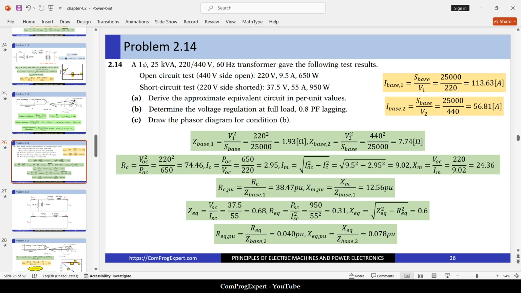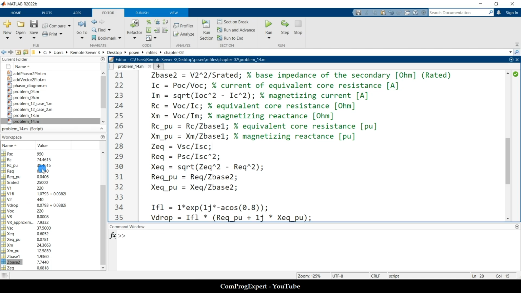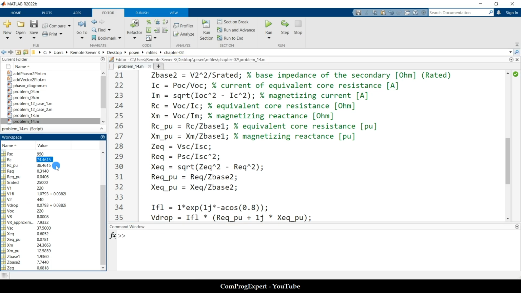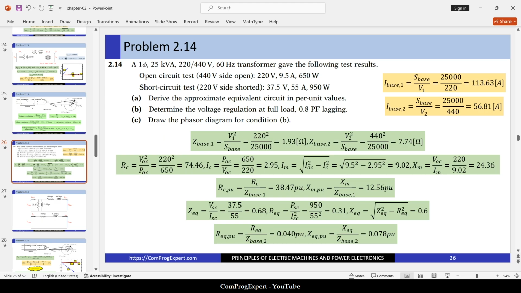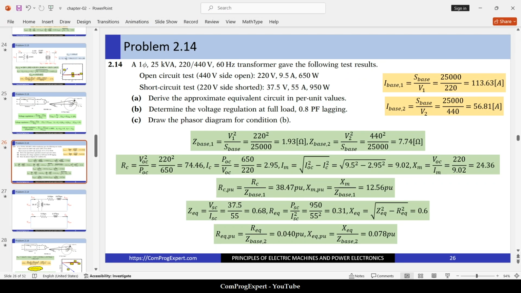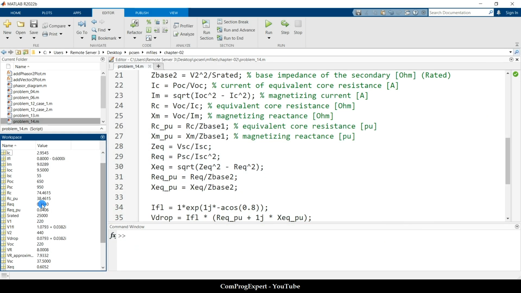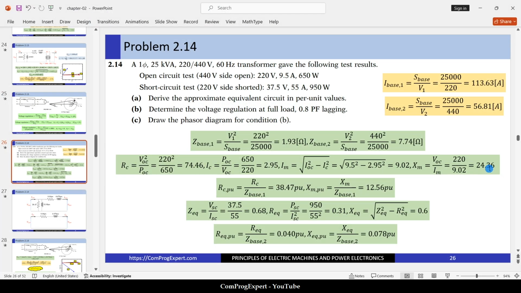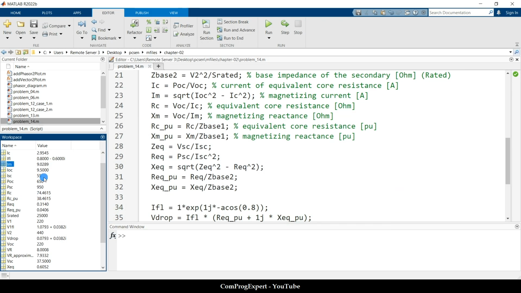Let's check the numbers. Here, this is the RC 74. The current is 2.95. Yes, the magnetizing current 9. Yes, this is the magnetizing reactance 24.